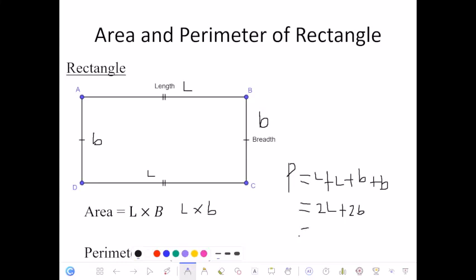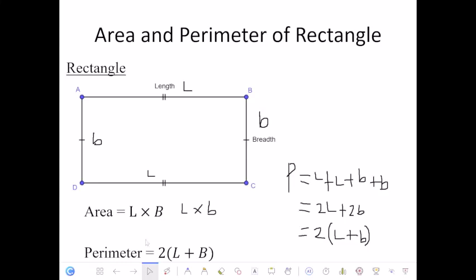Then in maths, there's something we call factorization, which uses the HCF of these two terms. So the HCF is 2. You bring the HCF out, leaving the factors inside the brackets. So this is where the perimeter of a rectangle becomes 2 bracket L plus B. Just remember these two formulas, that is all.